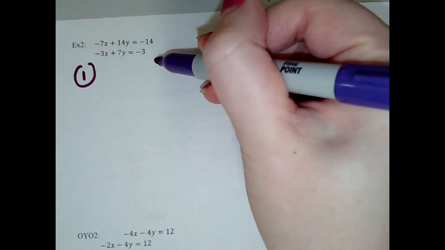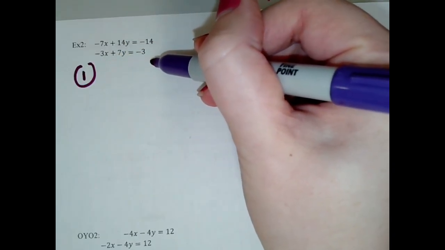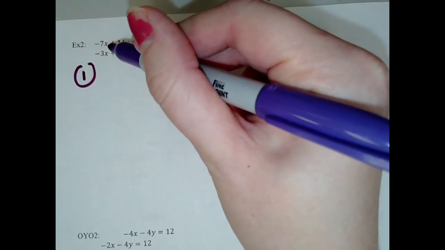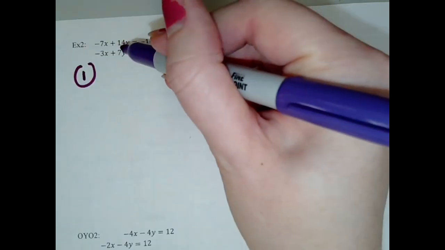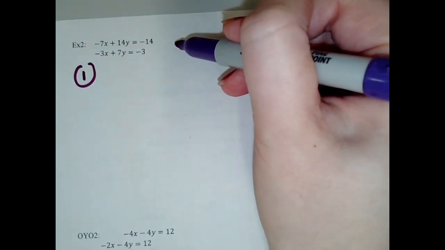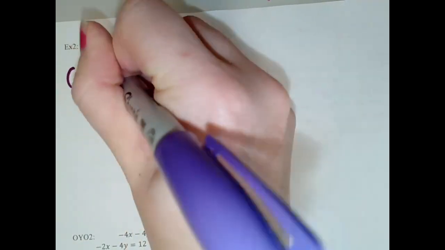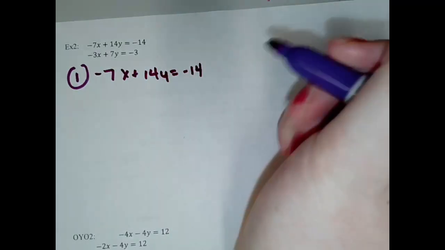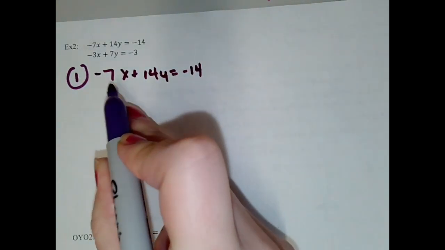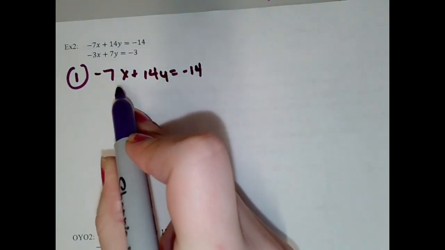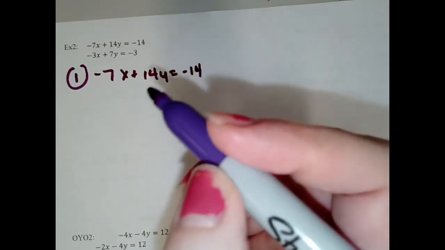All of these numbers are not divisible by the 7, so I'm not going to do that one. For this one, are they all divisible by 7 or all divisible by 14? 7 is the one I want to do. So I'm going to use equation 1 because that's just going to make it easier for myself. And then I'm going to solve for x because all my terms are divisible by that 7.